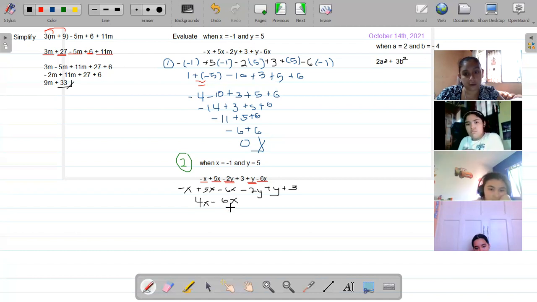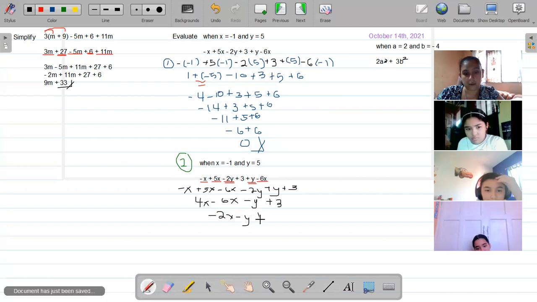And like I told you, I can do more than one step at the same time. I'm going to do this at the same time. -2y plus y. 1y, but negative because the greatest number is -2. So -1y or just -y. And I copy the plus 3. 4x minus 6x, -2x. -2x minus y plus 3.